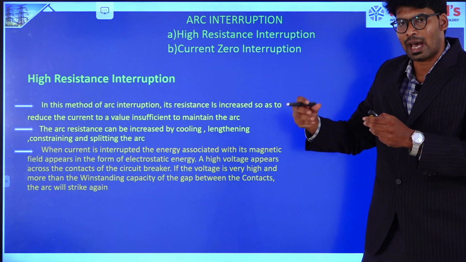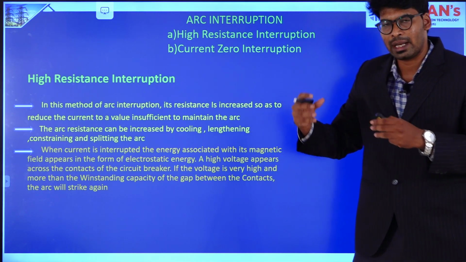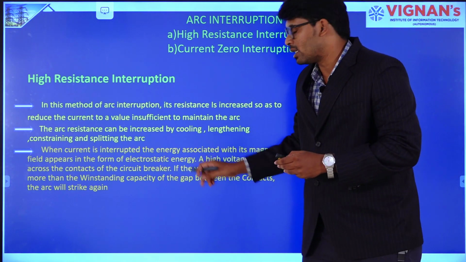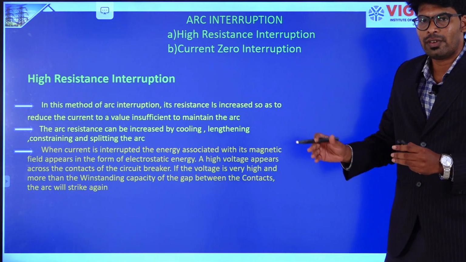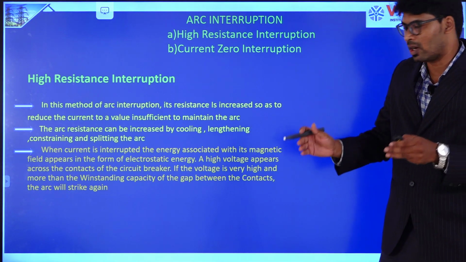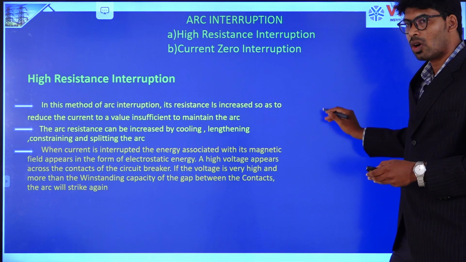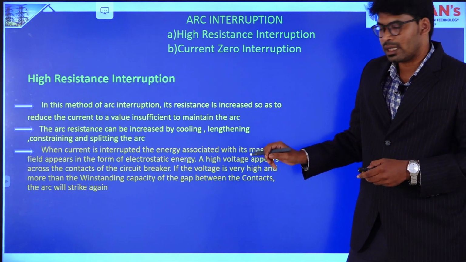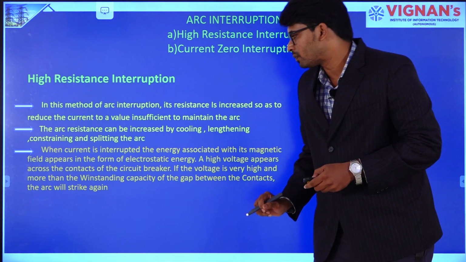In the process of arc extinction, the magnetic energy produced there is transformed to electrostatic energy. You already know that electrostatic energy produces a voltage across the contacts. That is called the restriking voltage.